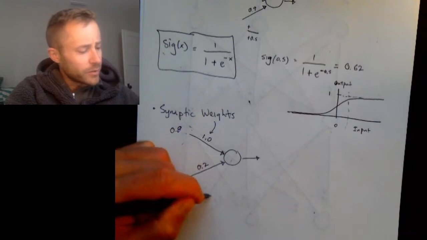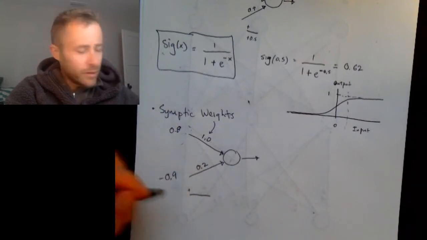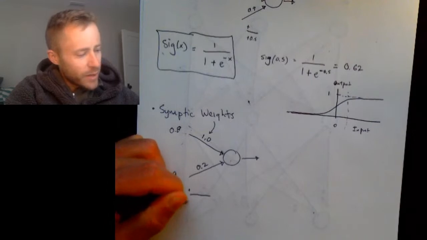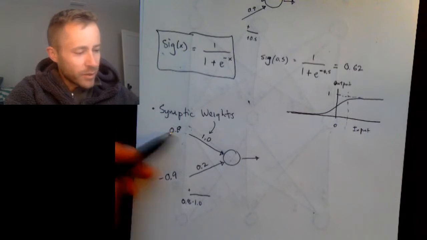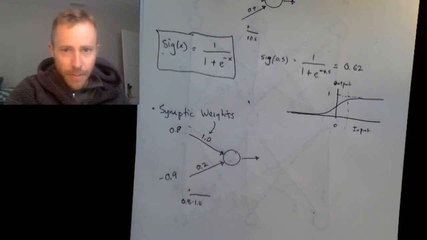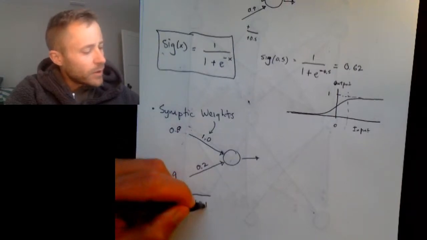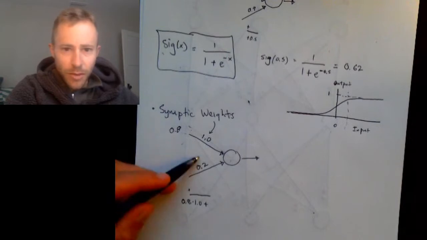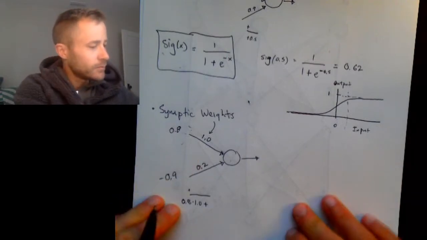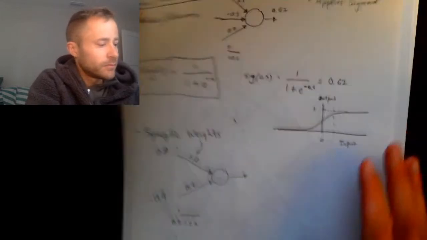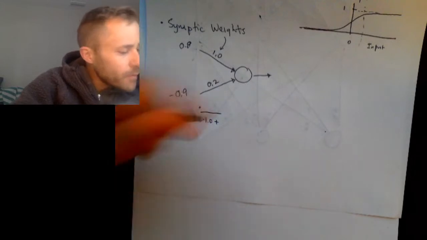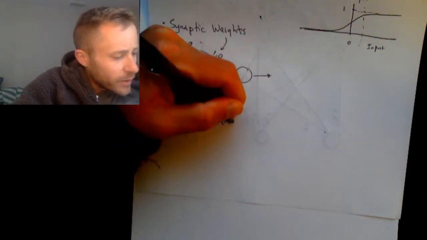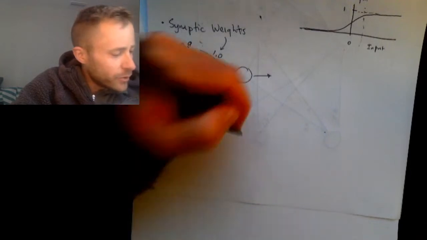So the input is going to be 0.8 times 1.0, so that input gets multiplied by its weight, plus this input gets multiplied by its weight. So you would have negative 0.9 times 0.2.